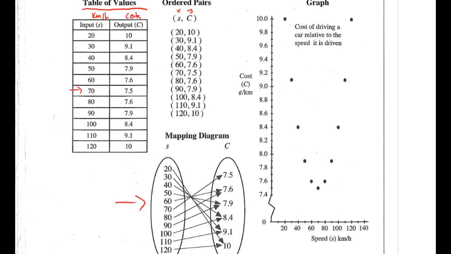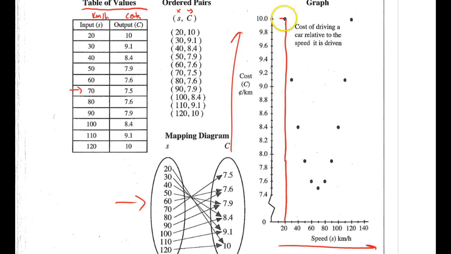And then of course you can do this with a diagram where the speed is on the x-axis and the cost is on the y-axis. What we see here is, if we're driving 20 kilometers an hour, that costs me 10 cents right there. That's that point. So this would be the 20, 10 coordinate.